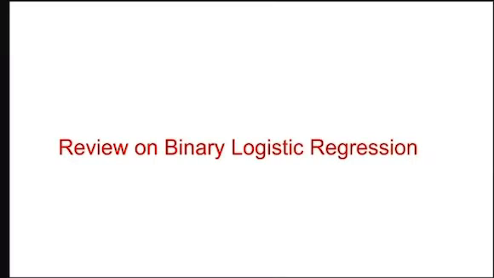The simple binary logistic is when I am only considering one predictor, that we also call one explanatory variable or one independent variable. And of course, the response variable is categorical. It has two levels. That's what we call simple binary logistic.